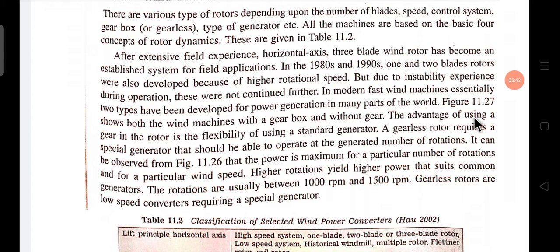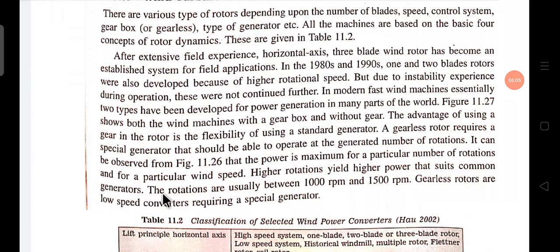The advantage of using a gear in a rotor is flexibility of use. From the figure, the power is maximum for a particular number of rotations and for a particular wind speed. Higher rotation yields higher power, which suits a common generator.